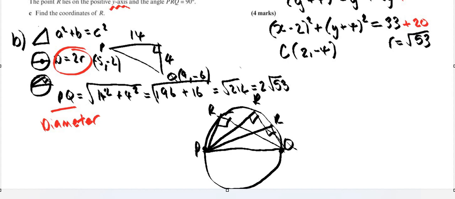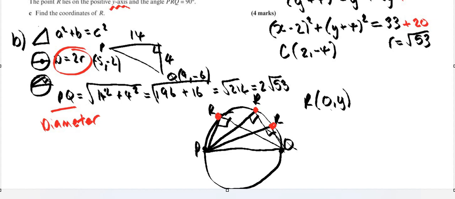So I need to find the point on the circumference, wherever it is, anywhere in this semicircle, that will be 90 degrees. But R is on the positive y-axis, so that means that R must be 0, y. Because on the y-axis, x is always 0.